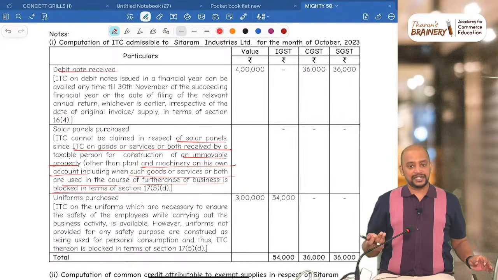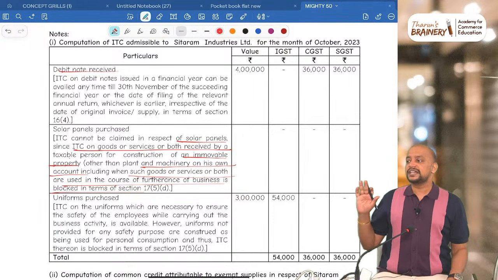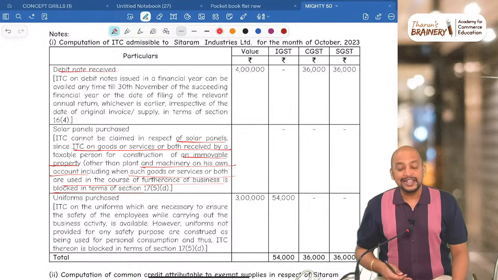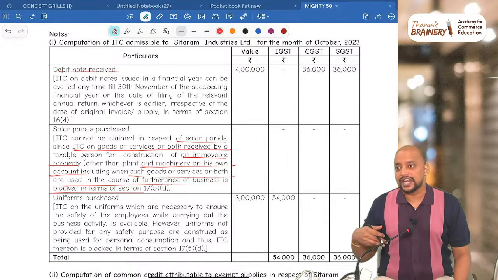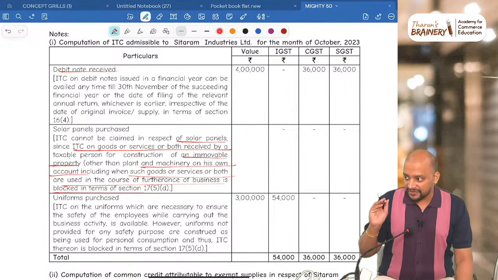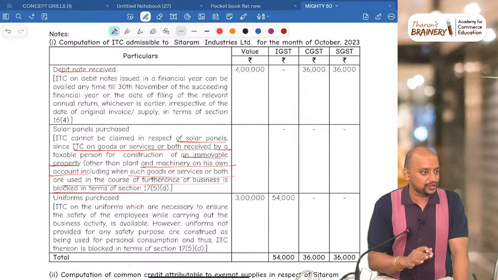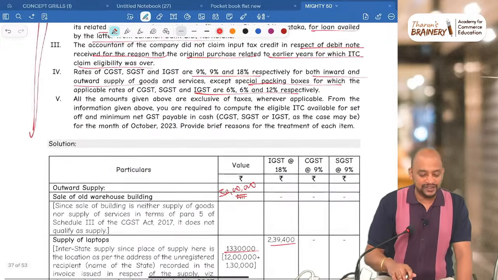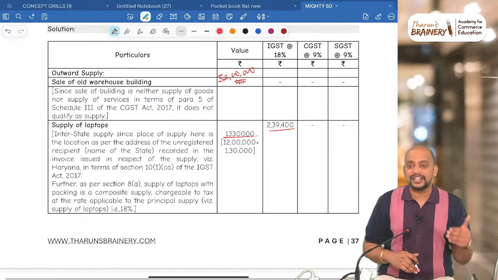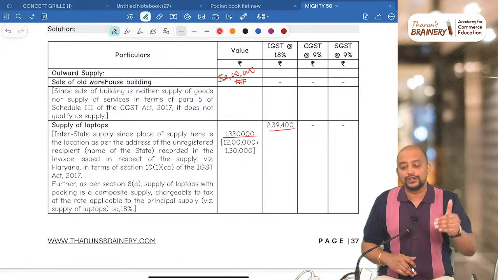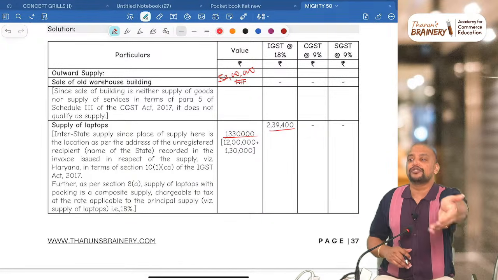But in reality, this is based on one case law they have given, and that particular case law went on appeal and the appeal is admitted also. So definitely ITC is available on the solar panel purchase, because in turn that electricity is used in the course or furtherance of business. Then why sir they disallowed? They disallowed on the ground that this plant and machinery is not used for making supply of goods or services.